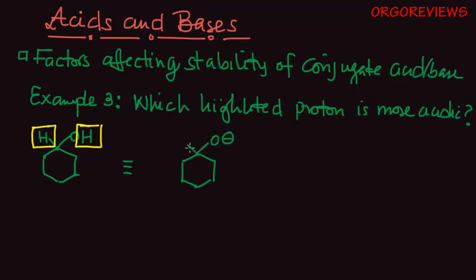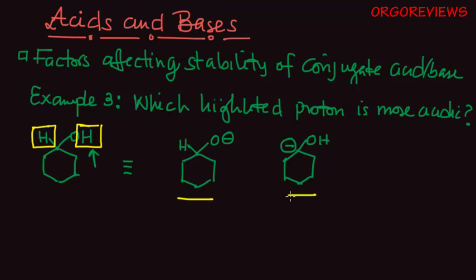So if I did that, this is what I'll have for the proton that is right here. And also if I remove the other proton, because remember the difference between the conjugate acid and its base is just one proton, then you have this alcohol, but then there will be a negative charge on this carbon.